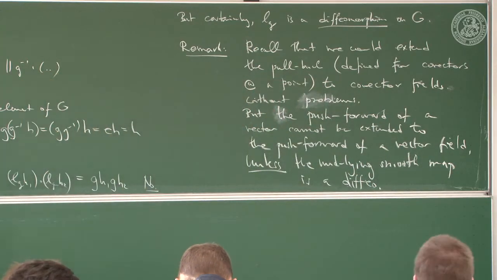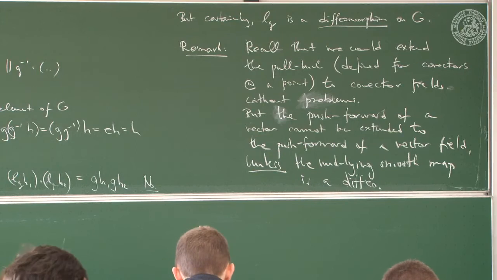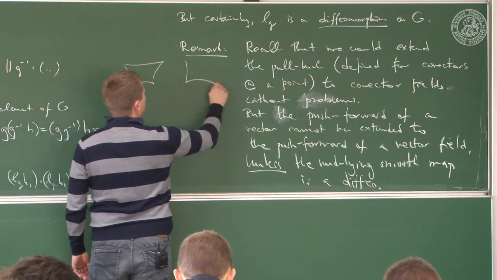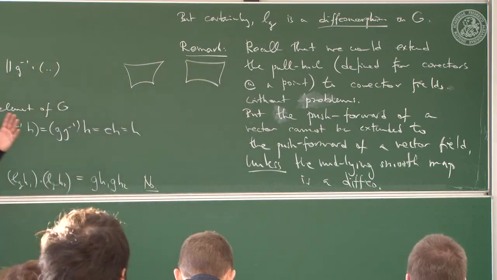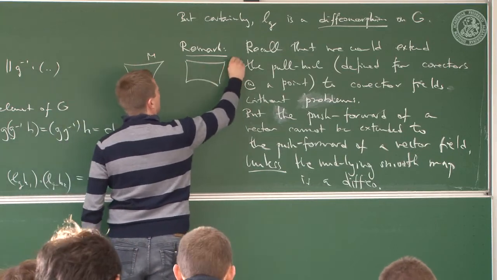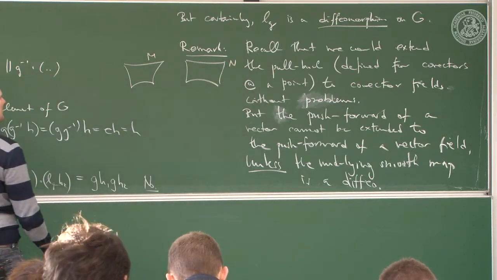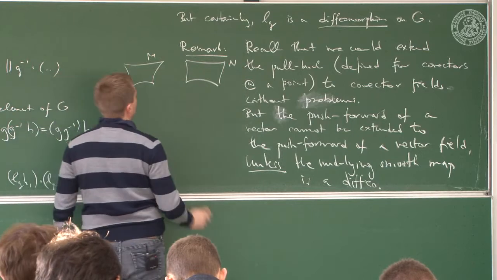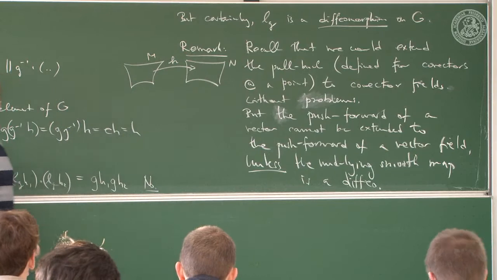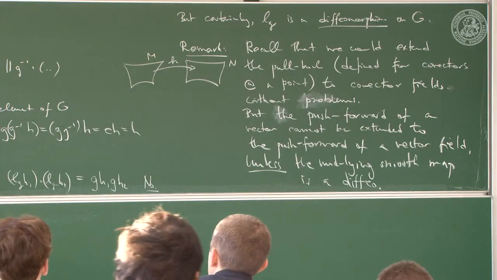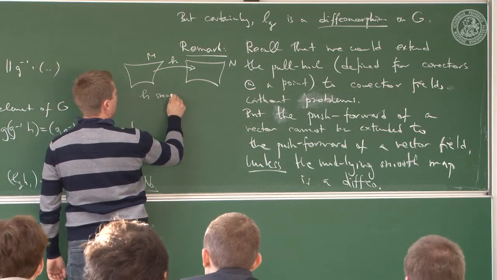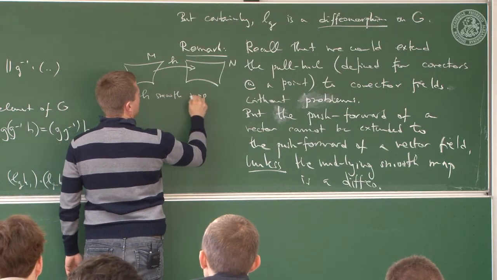Now why is that? It's important to keep this in mind, so I rather make a point out of it rather than hiding it in the formalism. So you have a manifold M and a manifold N in general. Well, here it's twice the same manifold, but that doesn't change the principle. And you have a map h between the two manifolds, right? Now h is a smooth map. But it's also a map.